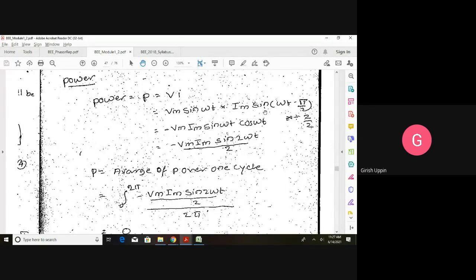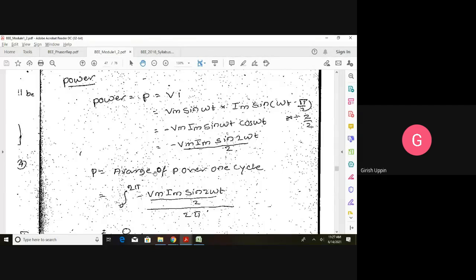So you can write it as minus Vm Im sin omega t into cos omega t. Multiplying both the denominator and numerator by 2, we get minus Vm Im times 2 sin omega t cos omega t, which becomes sin 2 omega t divided by 2.